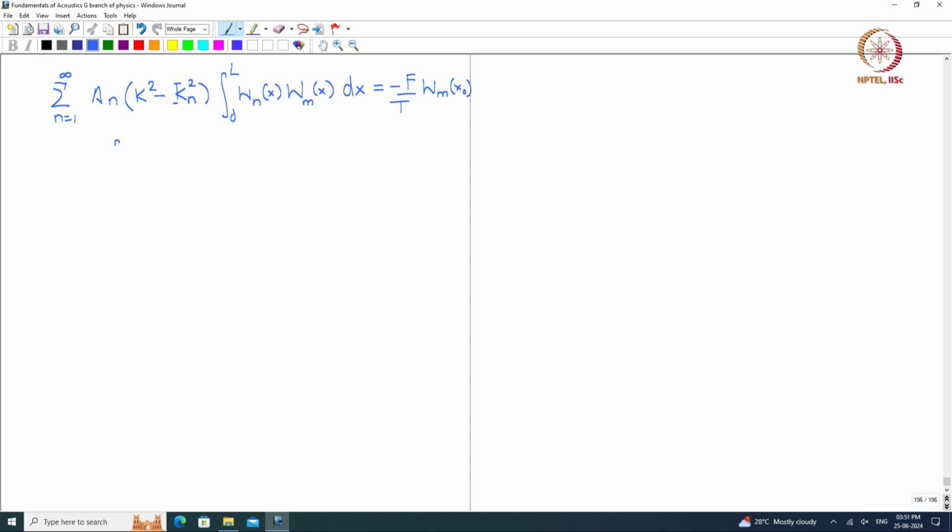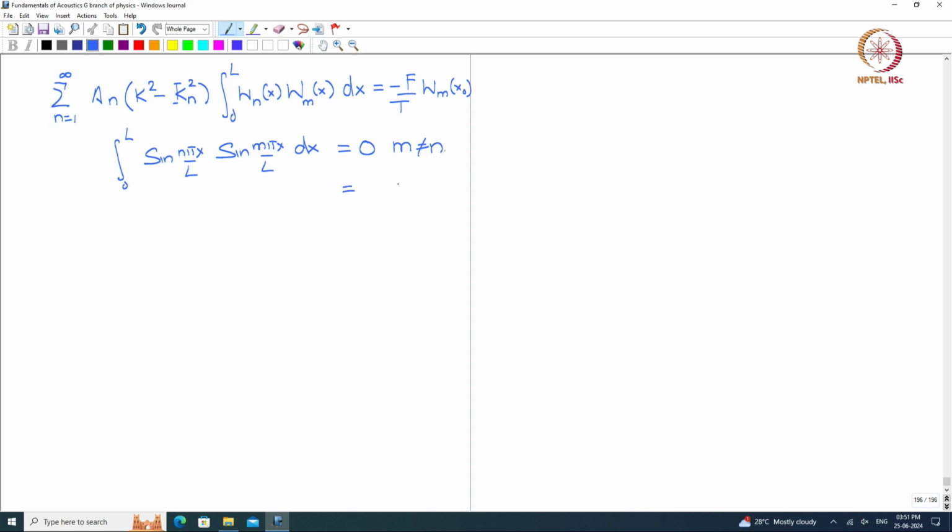Now if I have an integral 0 to L sine n pi x by L sine m pi x by L dx, this is equal to 0 if m is not equal to n.